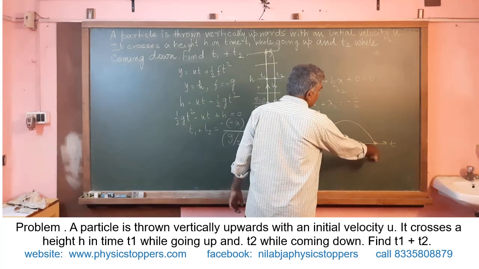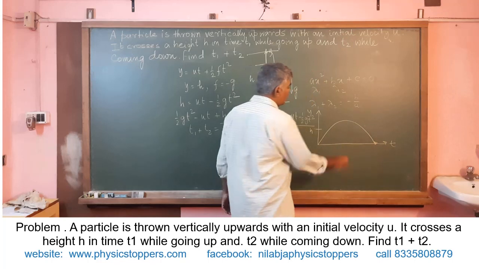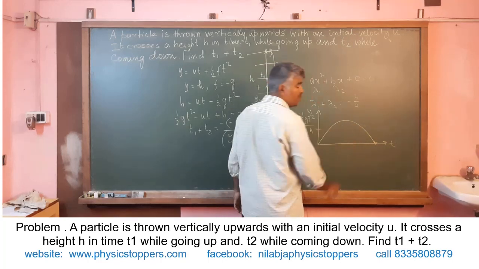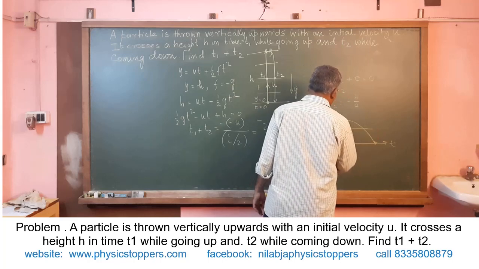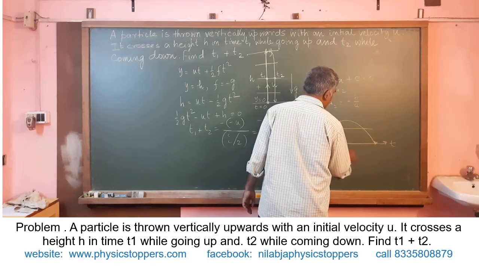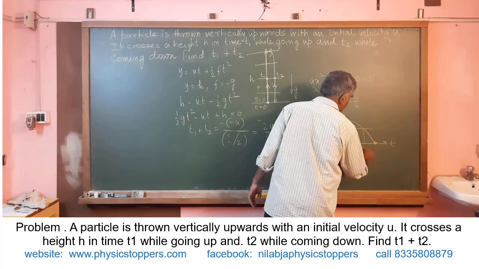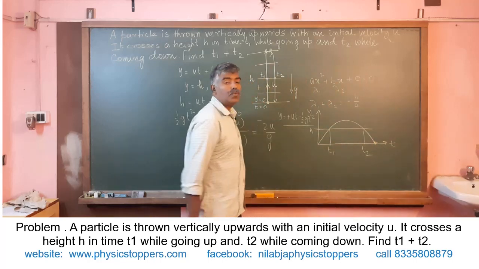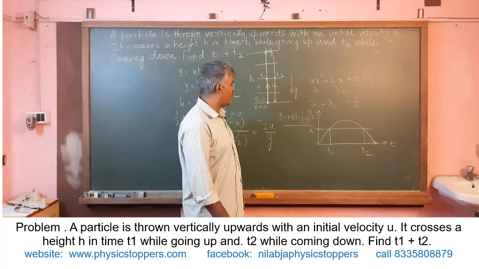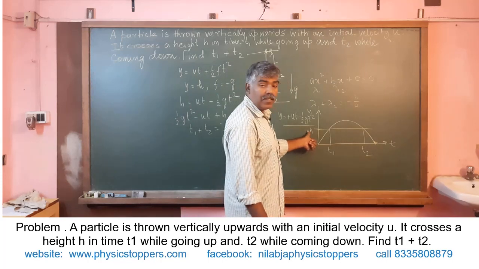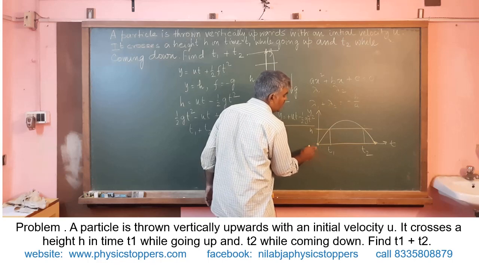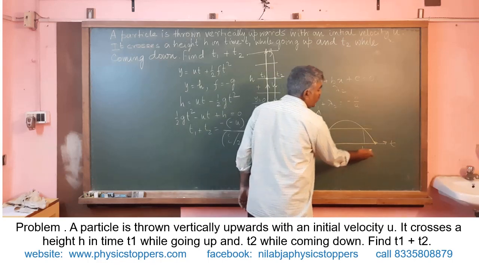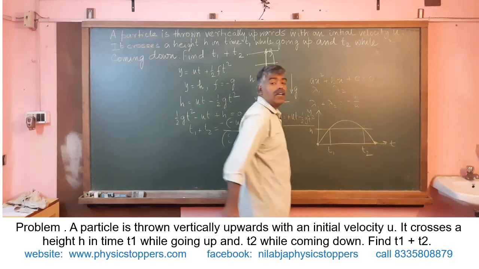This is a symmetric curve about this point. If y is equal to h, this is technically t1 and this is technically t2. If h is 0, so the height is here, then t1 is equal to 0 and t2 is the time of flight.